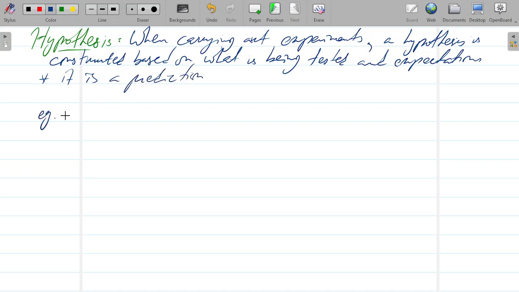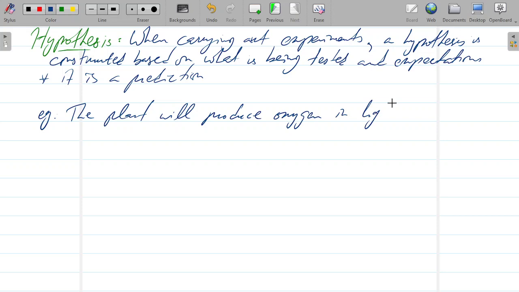And so for photosynthesis, for example, you say that the plant will produce oxygen in light. And so this is what you're testing. So you want to see, will it produce oxygen in light?